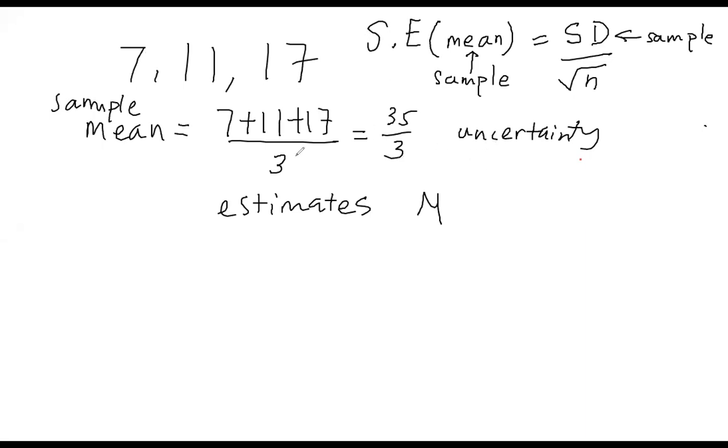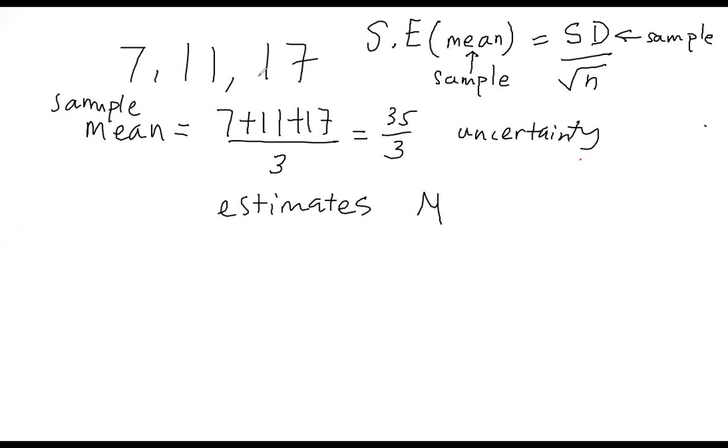Which means the next time you take another sample of size 3, you may not get 7, 11, or 17. You may get something like 5, 2, and 10.